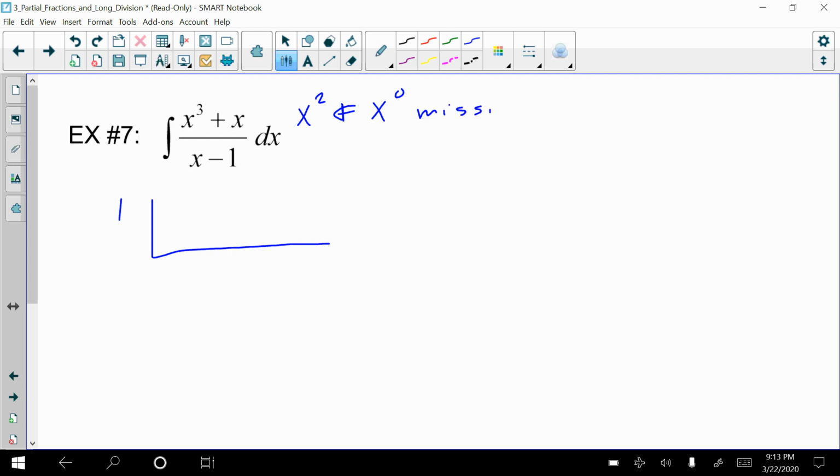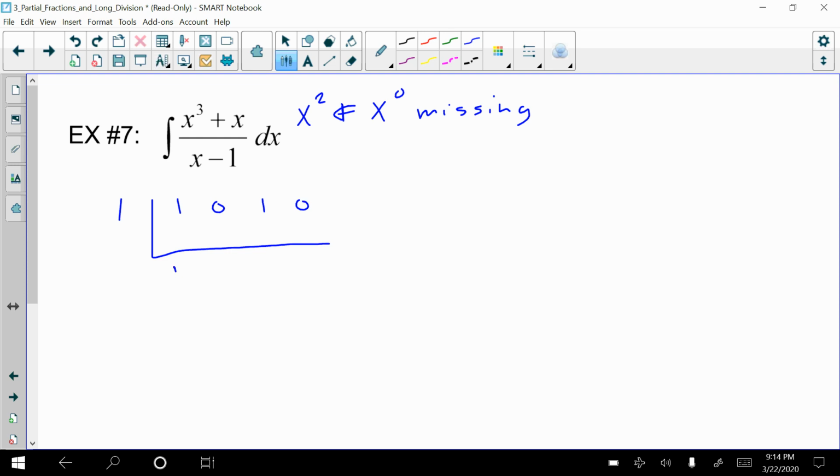So where those are missing, we do have to incorporate a 0. And this is true for long or synthetic division. Anytime an exponent value is missing, you have to put a 0 in as a placeholder for it. So looking at that, I have a 1x cubed, a 0x squared, a 1x, and a 0 for my constant term, x to the 0 power.